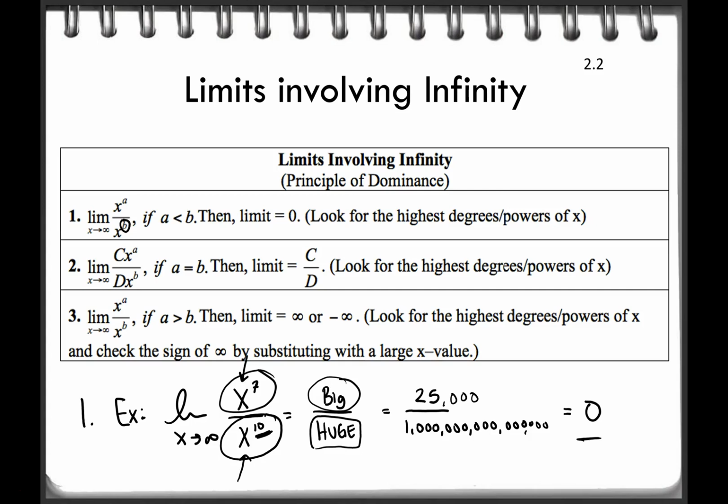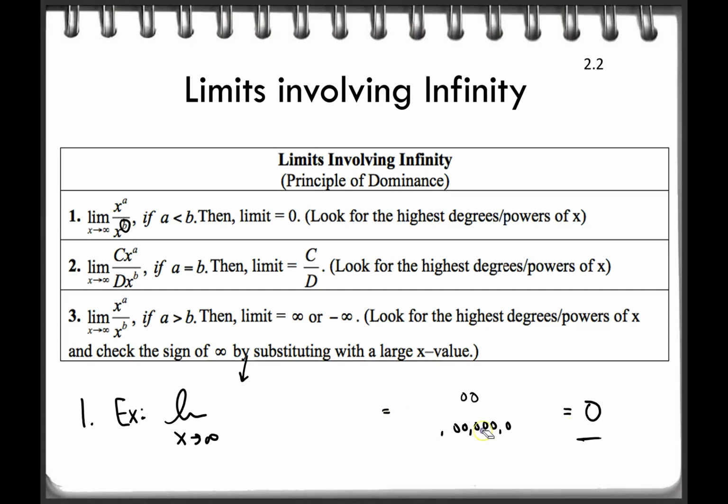All right, let's go ahead and take a look at the next one. This particular example says, what happens if your exponents are equal? Right? What if A and B are exactly the same? So what if you have something like, I don't know, 2x to the 7th over 4x to the 7th?